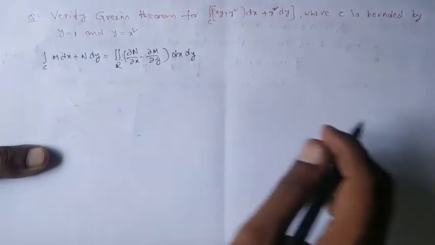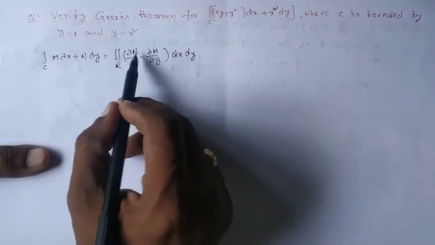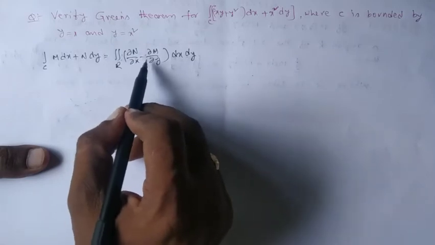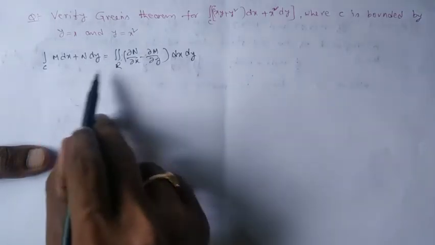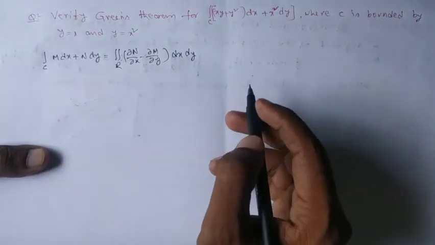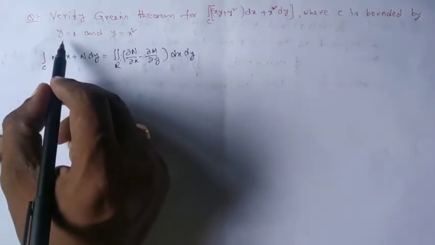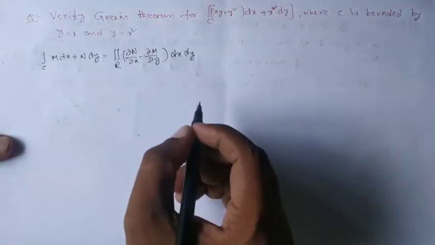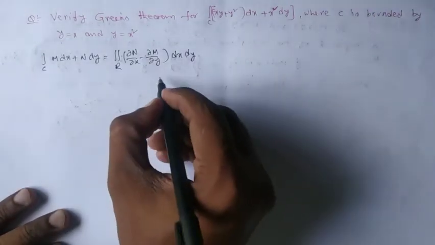That means we have to evaluate this line integral as well as the surface integral, and show that these two values are the same. To evaluate these, first I want to know what the region R and C are. The region is bounded by the curves y equal to x and y equal to x square, so I will draw the region.